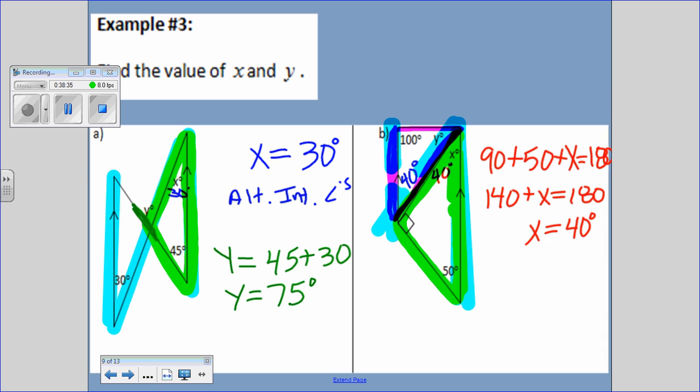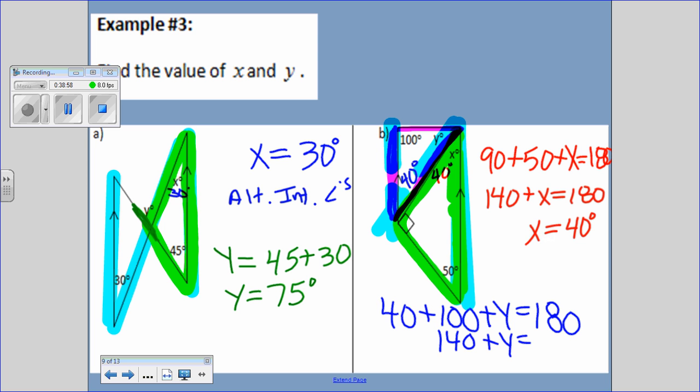And what's that called again? The triangle sum theorem. So 40 plus 100 plus y equals 180 because of this top triangle. So that means that y is also 40 degrees.